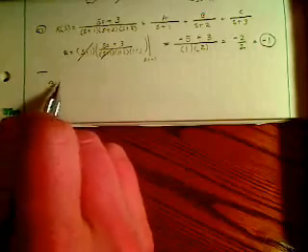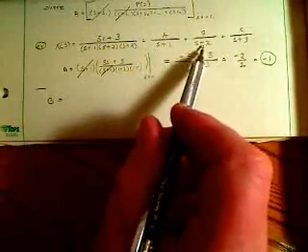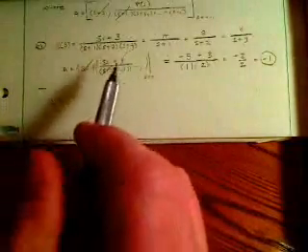Similarly, B is, I've got the s plus 2 term, so I get rid of that piece and I evaluate the rest of it at s equals minus 2.